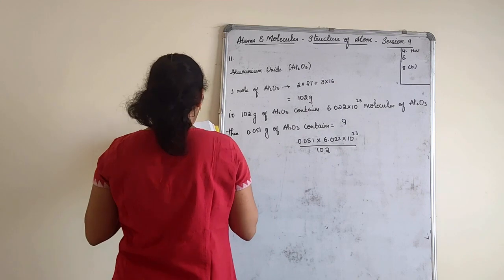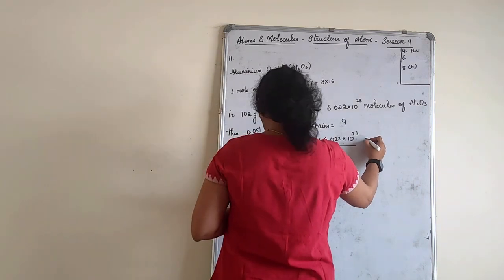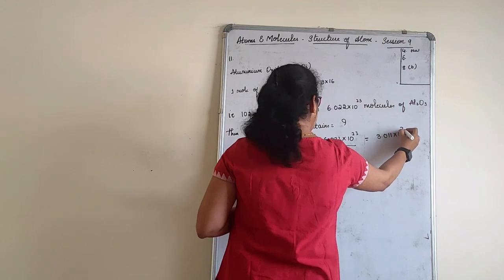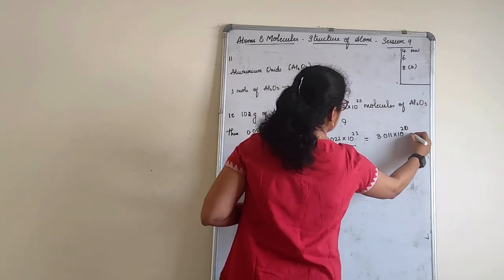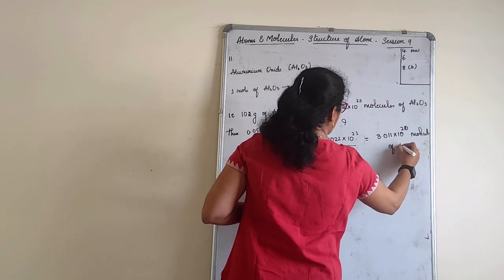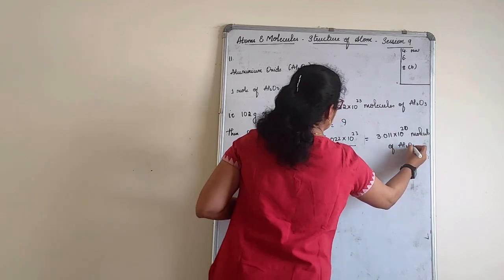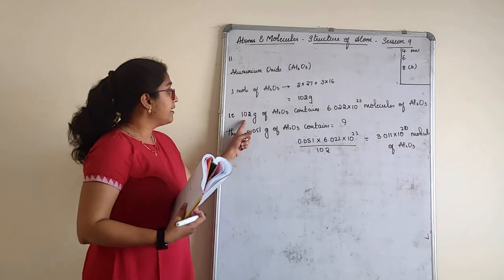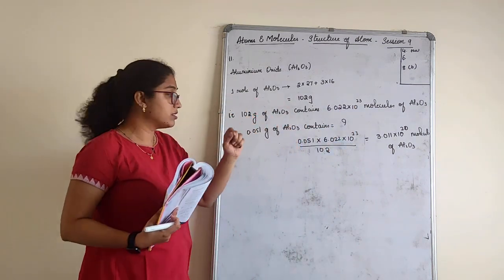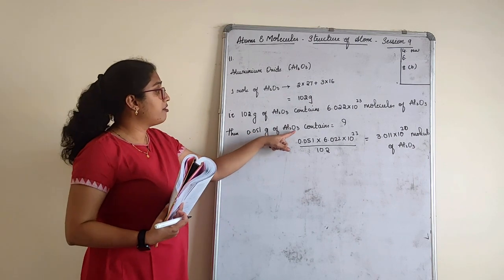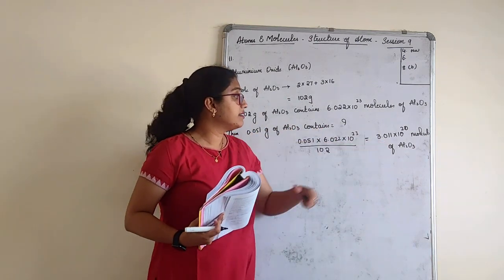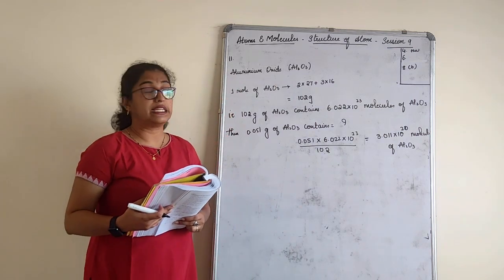That is what we do here. Direct answer I am giving: 3.011 into 10 raised to 20 molecules of Al2O3. 102 grams of aluminium oxide contains 6.022, Avogadro's constant. 0.051 gram of aluminium oxide contains how many molecules? It contains 3.011 into 10 raised to 20 molecules.